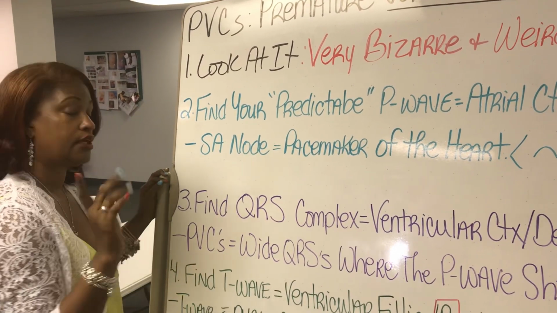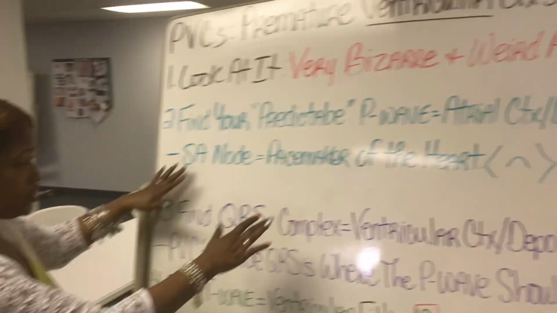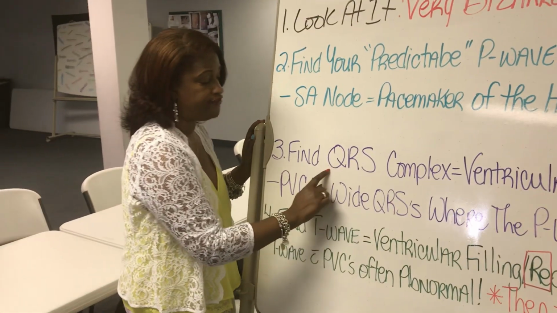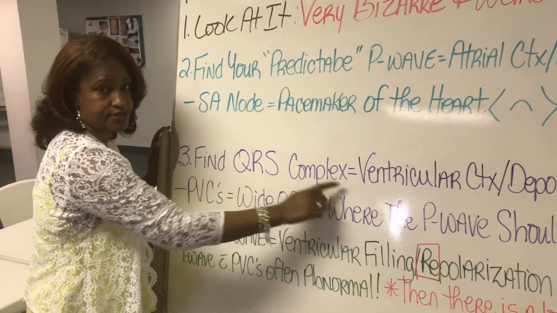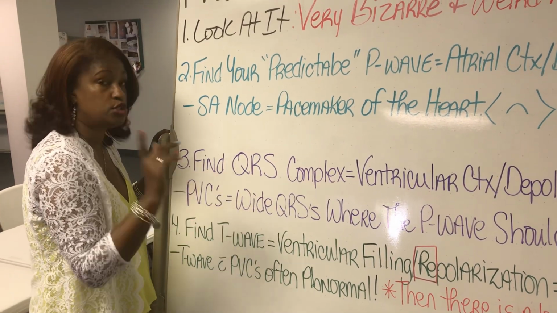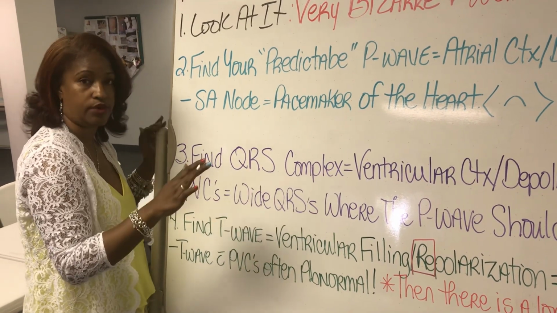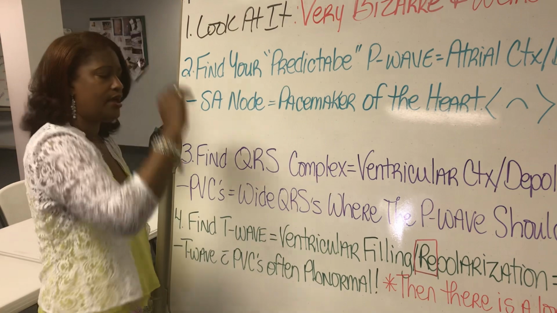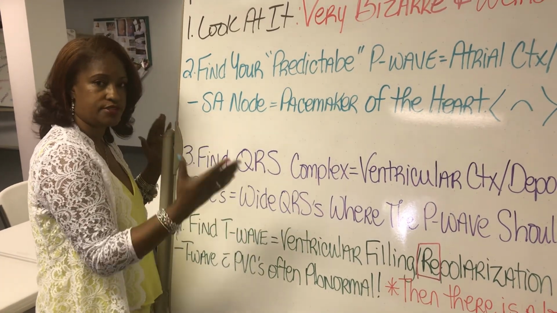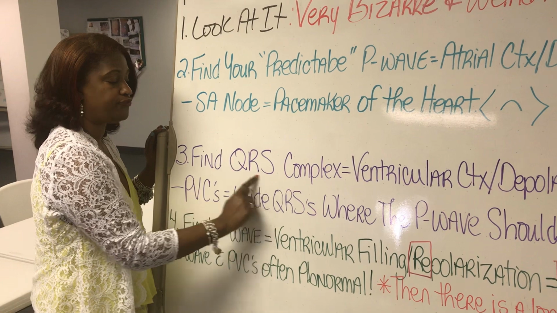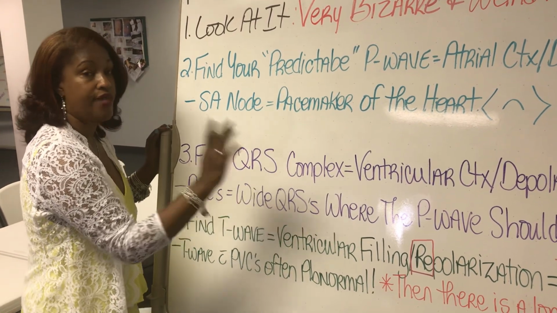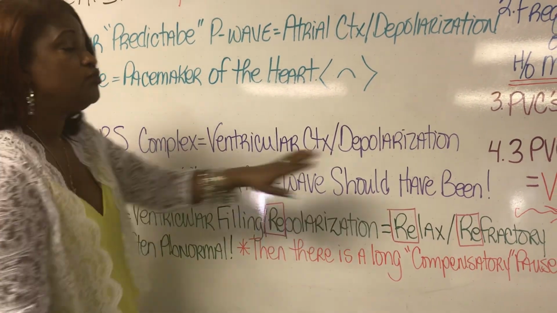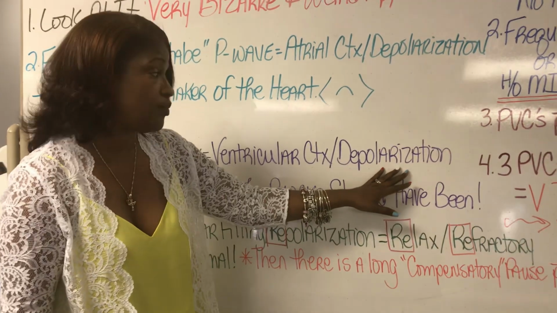Now, keeping along our 1, 2, 3 step-by-step process, we have number 3 here. Find the QRS complex. If you remember from other videos, and you should be looking at all of these videos because they flow together, the R wave itself is like the peak of the mountain. It's at the top. The Q and the S are on the sides, but you're looking as a whole for a QRS complex, and this represents ventricular contraction.